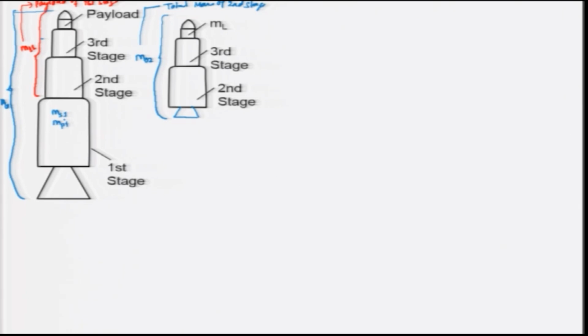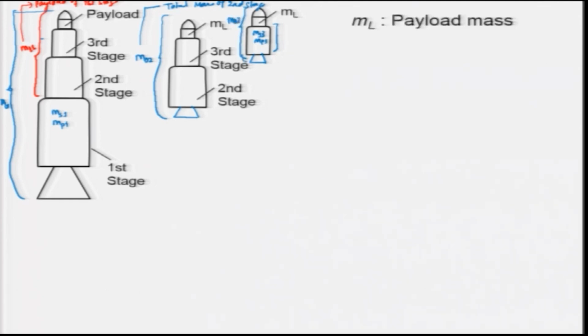And if you consider the third stage, it will have a vehicle here, with the structural mass 3 and propellant mass 3, and this is your payload mass. And this total, if you look at the mass here, m03, is the total mass for the third stage.